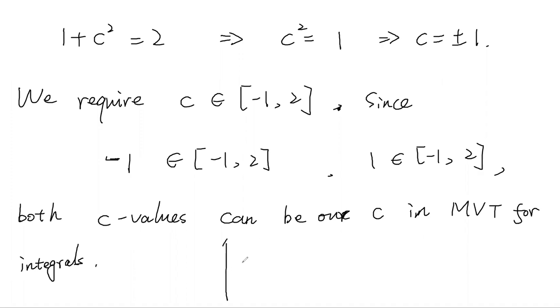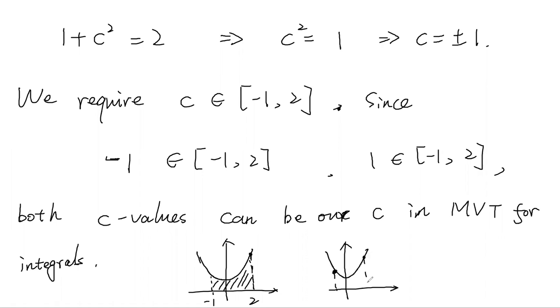And geometrically, the function was 1 plus x squared, from -1 to 2. Geometrically, it says that the area under the curve 1 plus x squared is the same as the area if we use -1 as the height of the rectangle, and the interval as the width.